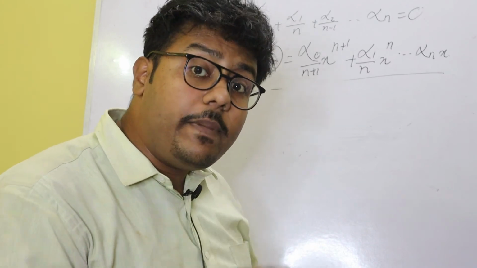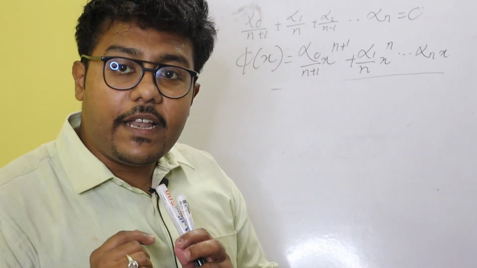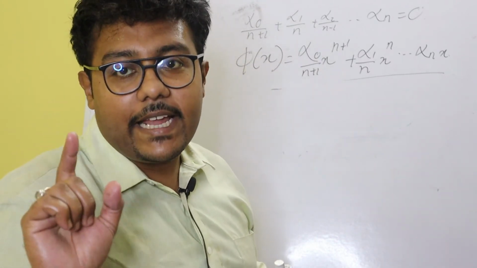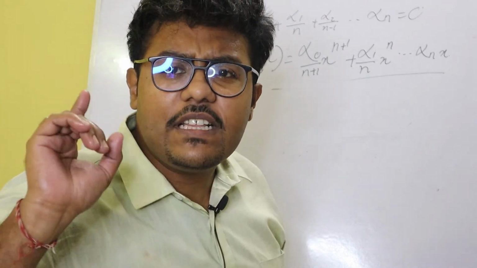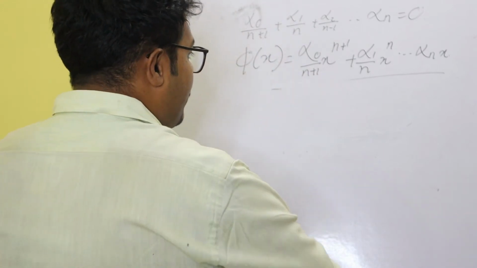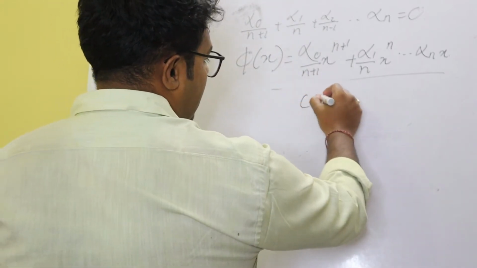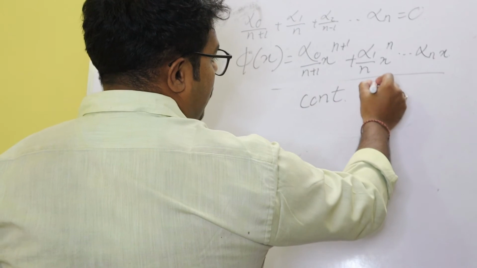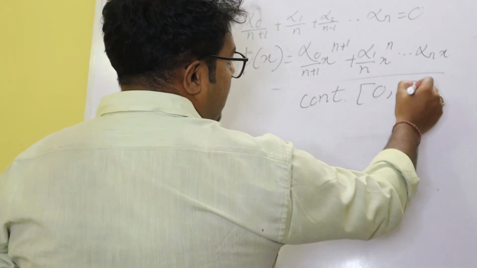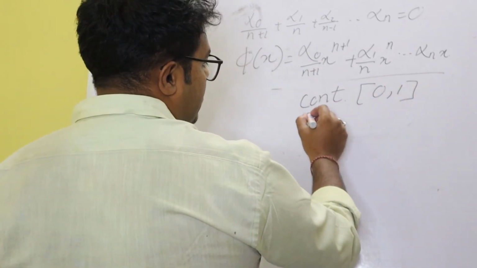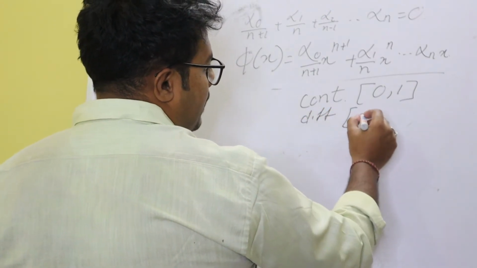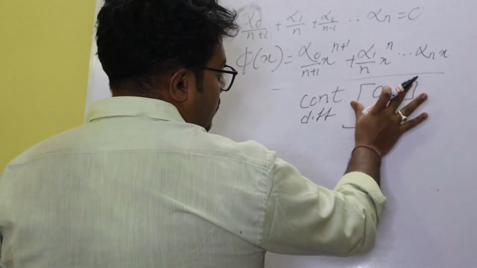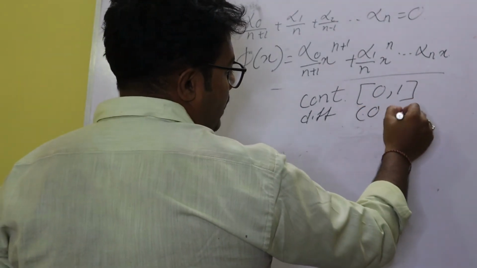That this function will be continuous within the closed interval 0 and 1, and it will also be differentiable within the open interval 0 and 1. So we can say this is continuous within the closed interval 0, 1 and differentiable within the open interval 0, 1.